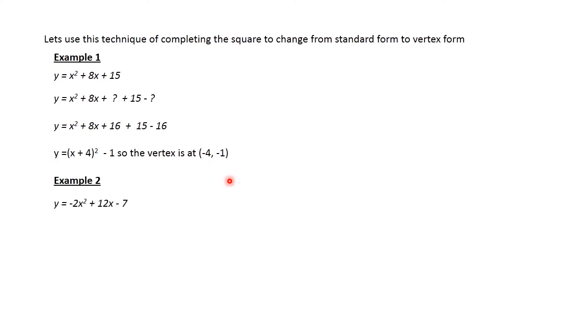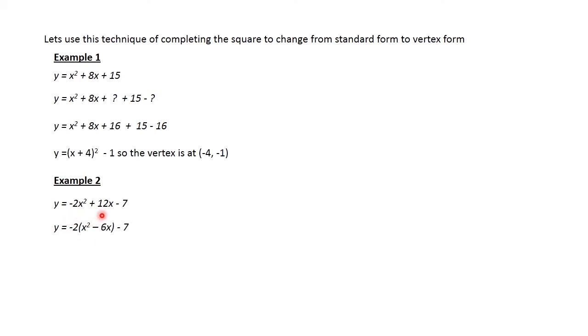Look at example 2. Same kind of thing, but this time we now have something in front of the x squared. Well, we still want to make it look like what we had before. So why don't we factor out that minus 2? If we factor out that minus 2, divide this by minus 2 and that by minus 2, we're going to end up with x squared.